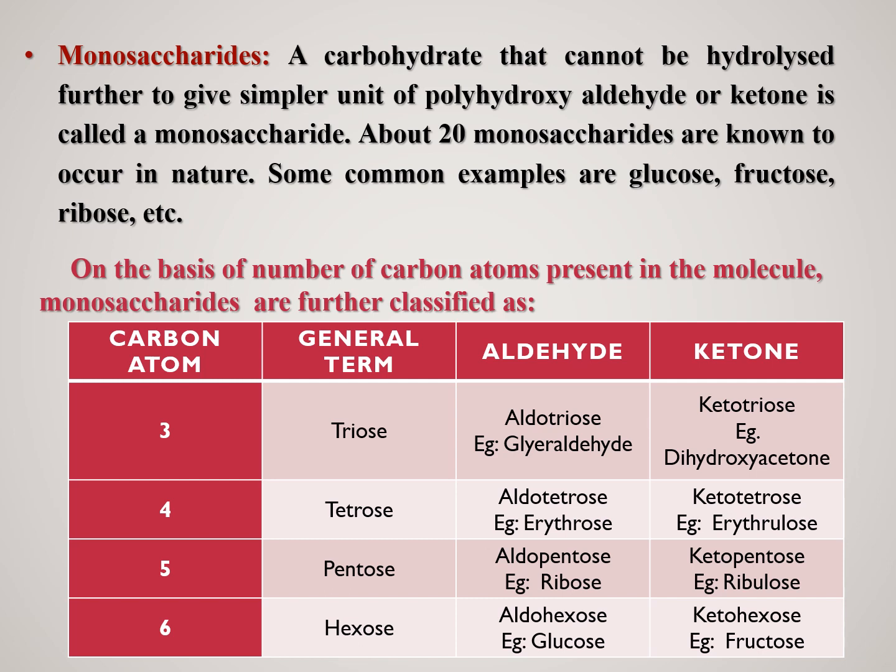Ketotetrose, they have 4 carbon atoms and a ketone, so they are erythrulose. Example, if there are 5 carbon atoms and they have an aldehyde, they are called aldopentose. Example, ribose. If they have 5 carbon atoms and a ketone, then they are called ketopentose.